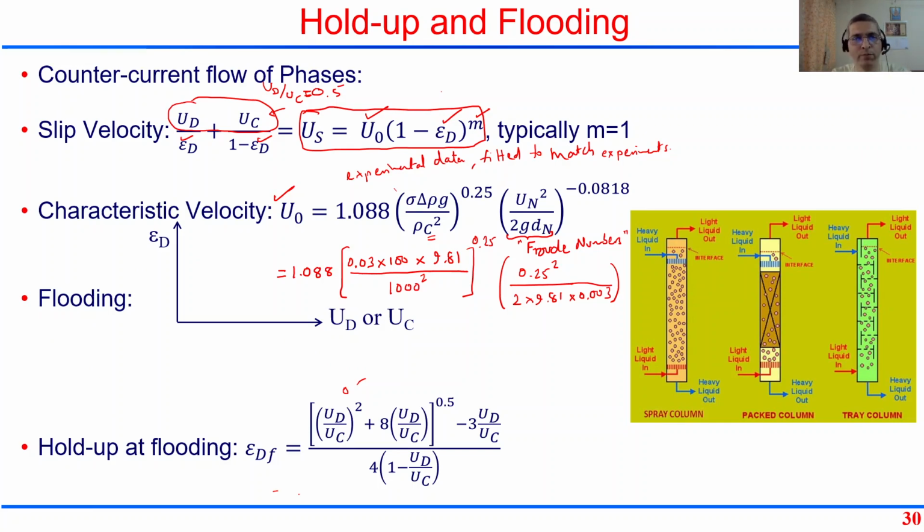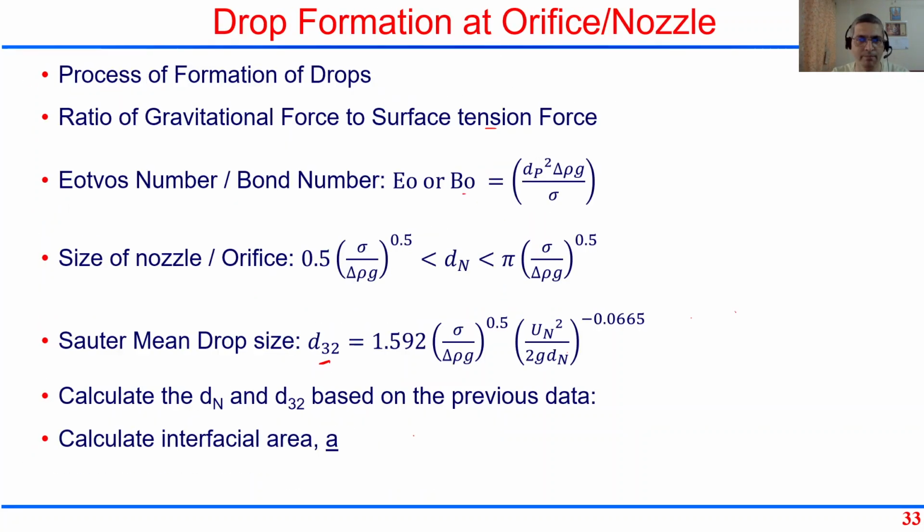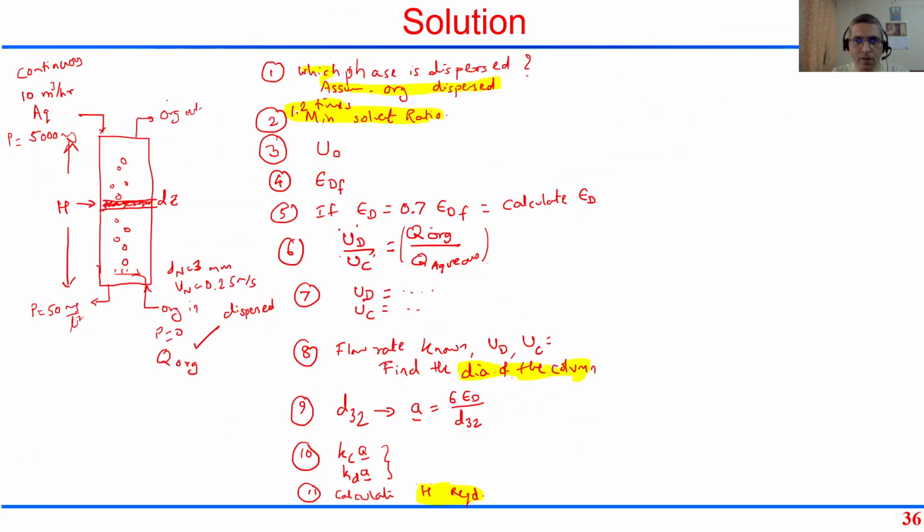But okay, let's assume that, because somebody has done experiments over a wide range of parameters, and hopefully our data would be in the range in which they have done experiments, so the correlations would be applicable. But the two main assumptions that we have made is, we have assumed that the organic phase is dispersed, and we have assumed that 1.2 times the minimum amount of solvent ratio is required. Based on these two, we have calculated the diameter and the height of the column.